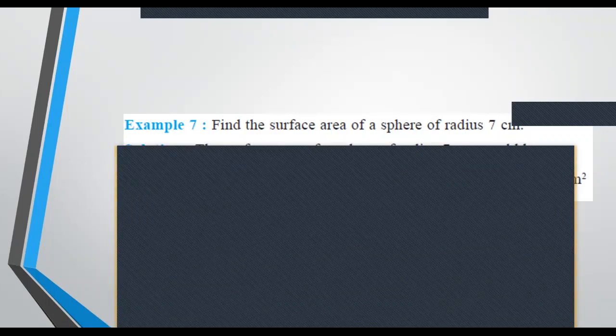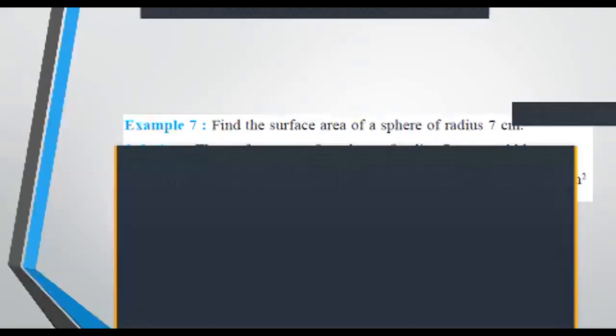Find the surface area of a sphere of radius 7 centimeter. What is the surface area of a sphere? 4 pi r square. Yes. So pi is not given to us, so 22 upon 7. Chalo, give me the answer faster.